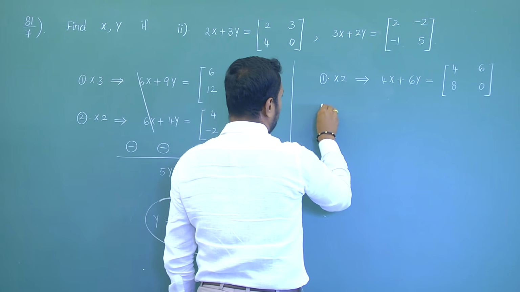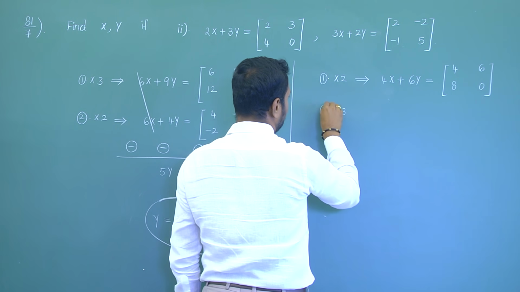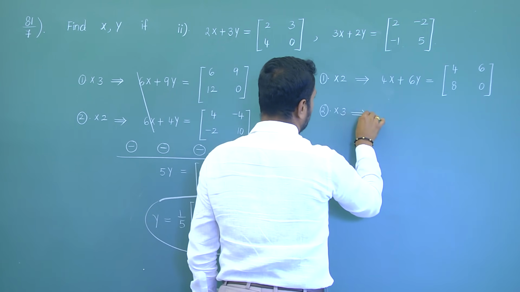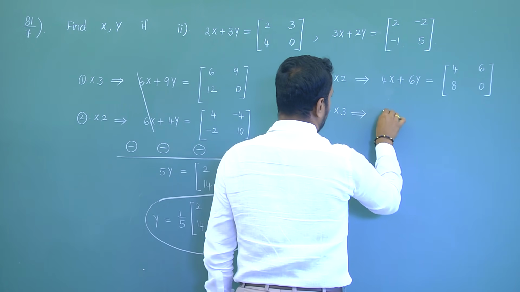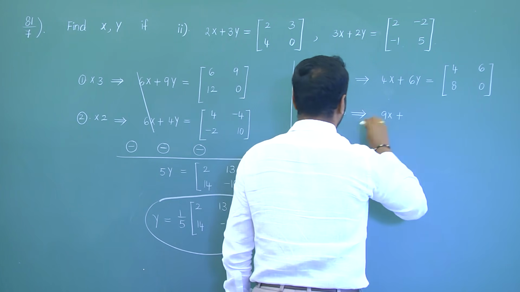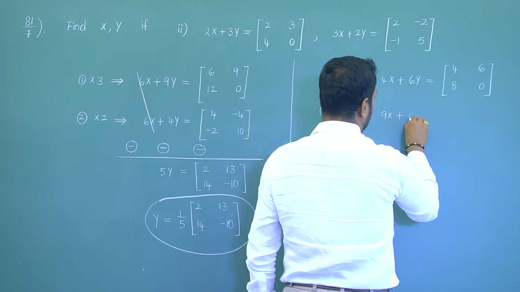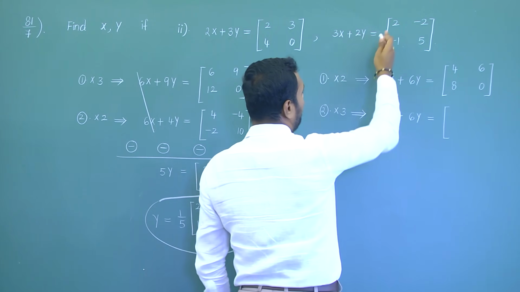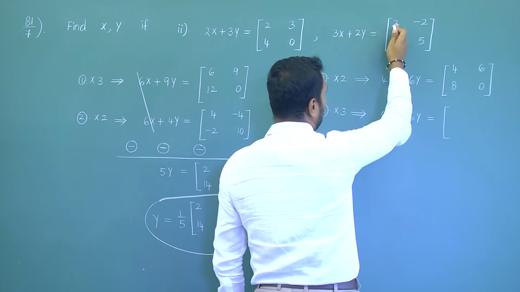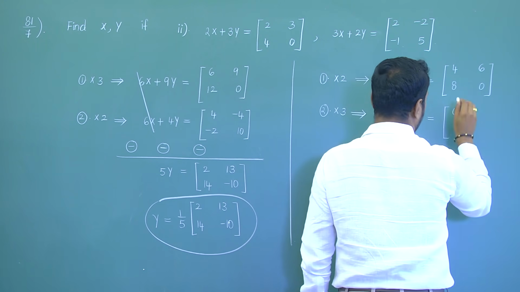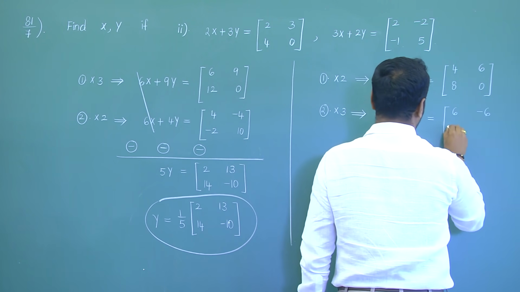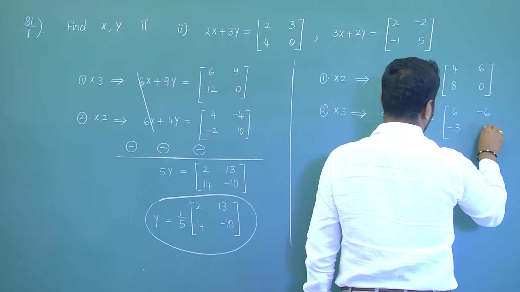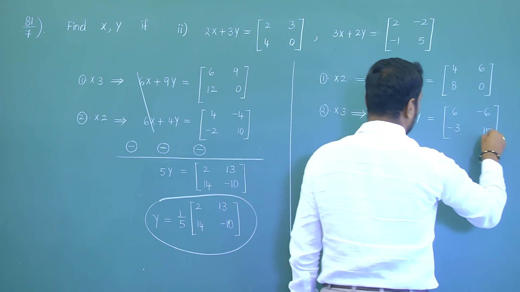Equation 2 must be multiplied with 3. This implies 3 3s are 9 capital X plus 3 2s are 6 capital Y equals, if I multiply each and every element with 3: 3 2s are 6, minus 6, minus 3, 15.